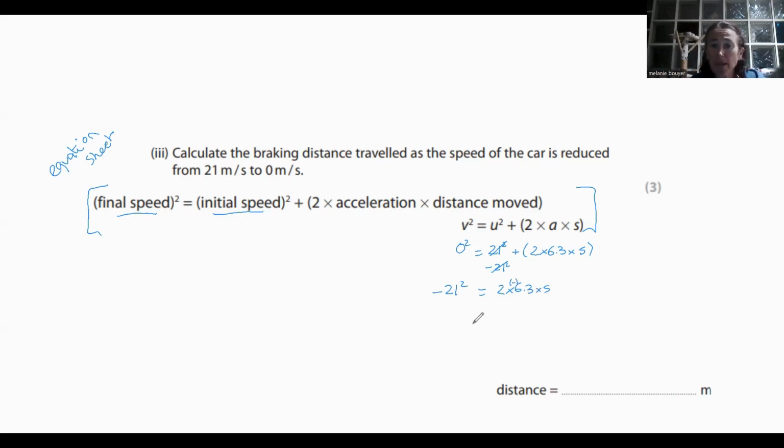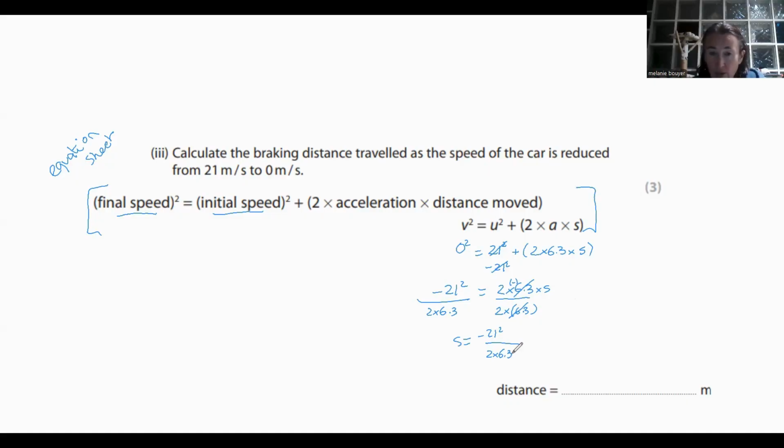Now we can isolate the s, make it the subject of our equation, by dividing that side by 2 times 6.3, but obviously we need to do the same on the other side. That's going to simplify itself and give us 1. And then we simply put that in our equation: minus 21 squared divided by 2 times minus 6.3, which is why you're going to have an answer that is negative. It's because the deceleration was negative.